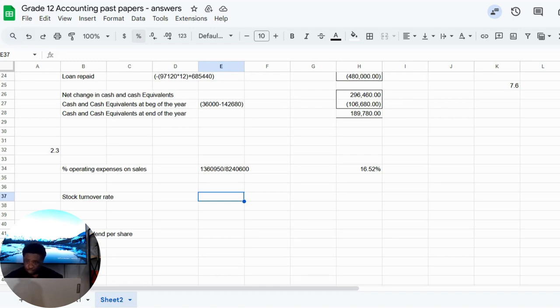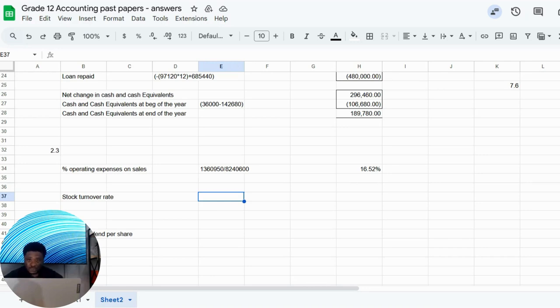But yeah. Then the next is the stock turnover rate. With the stock turnover rate, it's basically your cost of sales divided by the average stock, and then you will get what you're looking for. So cost of sales, what is cost of sales?